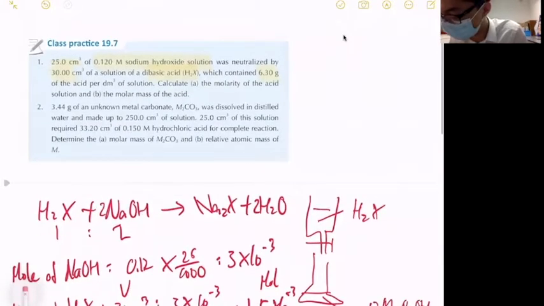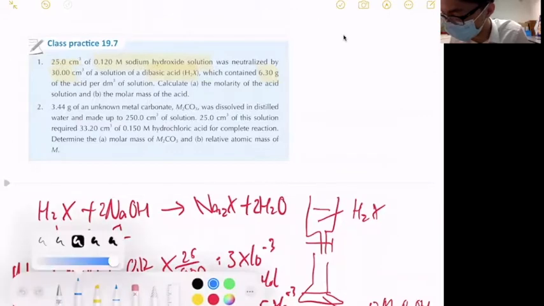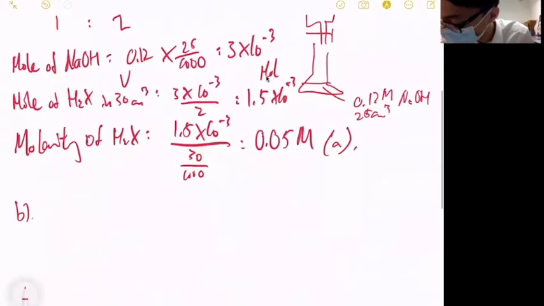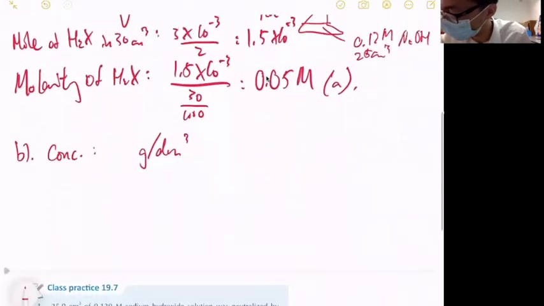So the second question asks you to calculate the molar mass of the acid. So based on the information, at the beginning, for part B, the concentration tells you that in 1 dm³, we will have 6.3 grams.